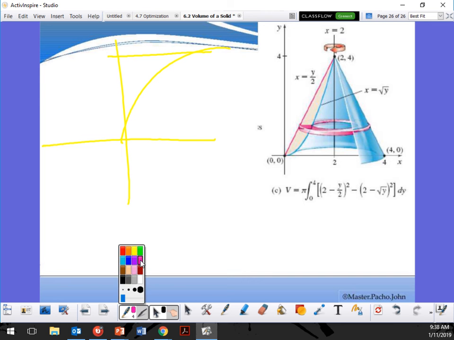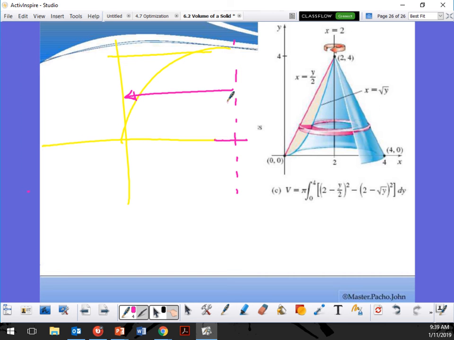If I'm rotating it on this side, on the right-hand side of the function, so if I'm rotating it this way, it would be the radius of this one minus this one.